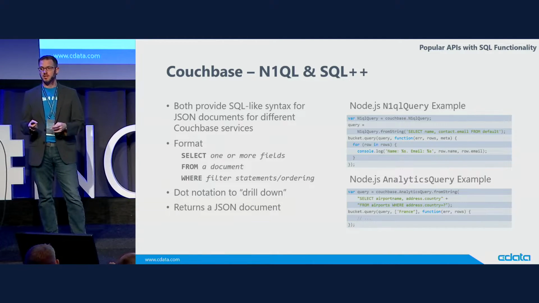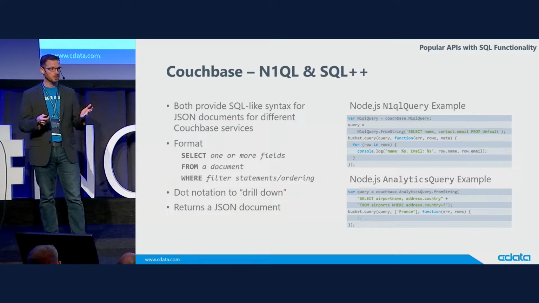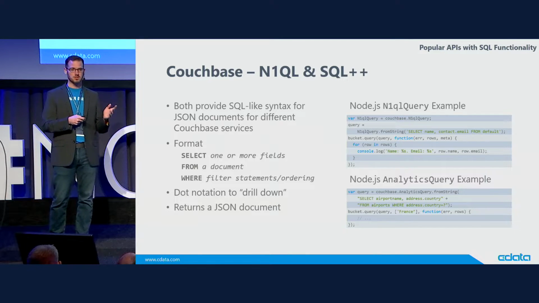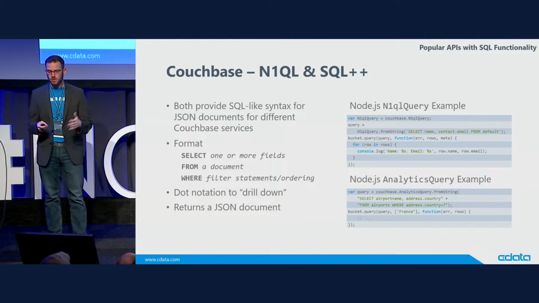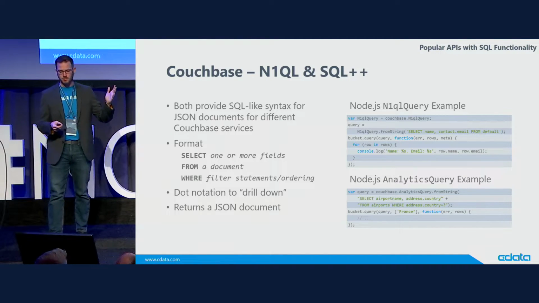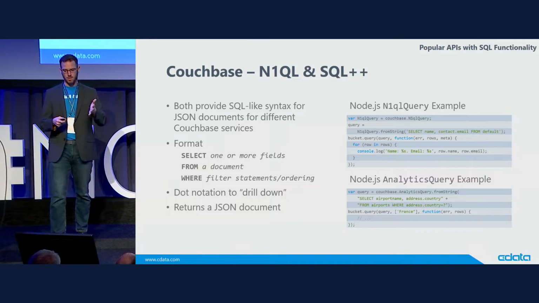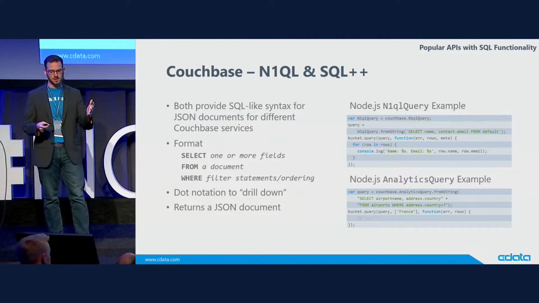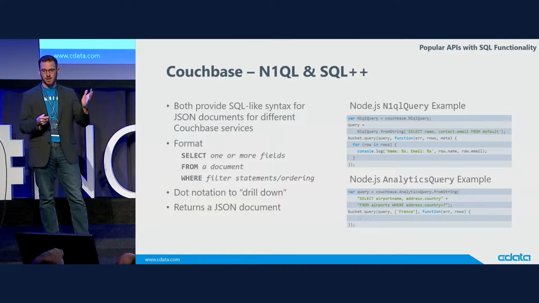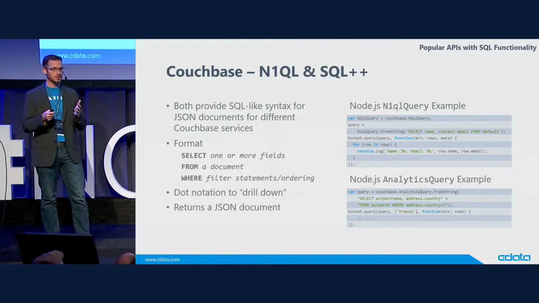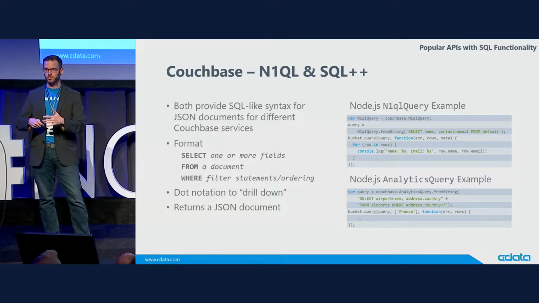The one thing that changes is that the dot notation in N1QL and SQL++ allows you to drill down into a JSON document. If we look at the N1QL query example, I'm saying select name, contact.email from default. What that means is that the default collection has some JSON documents that have a contact object with an email field within that object.